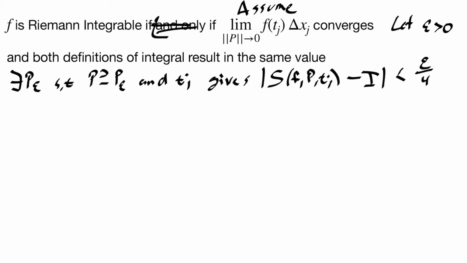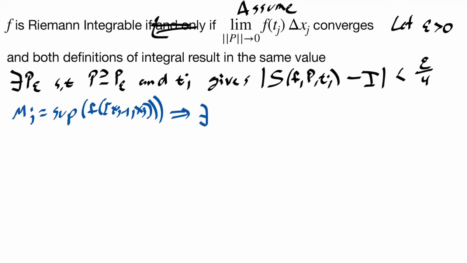Now I'll just make a quick observation about sups that we knew earlier. So first I'm going to define M sub j to be the sup of f on the interval from x j minus 1 to x j. So M will just be the sup of all the values.